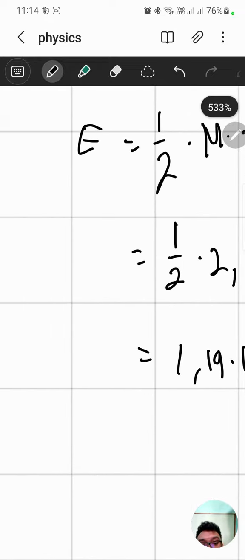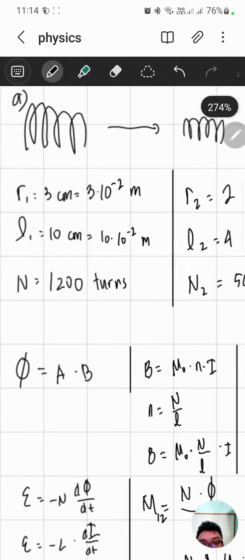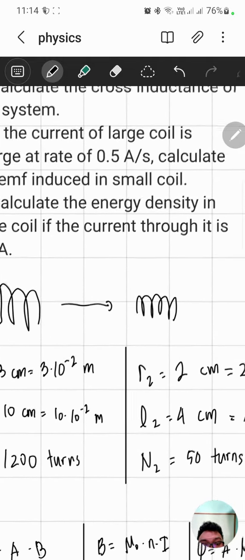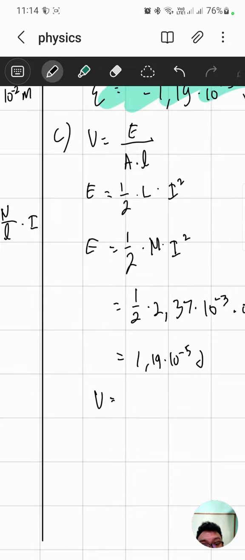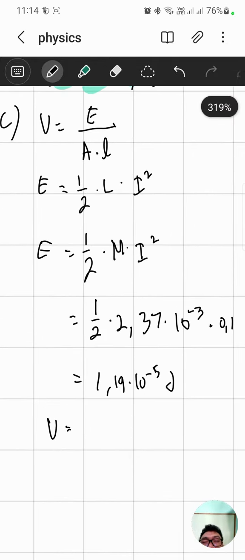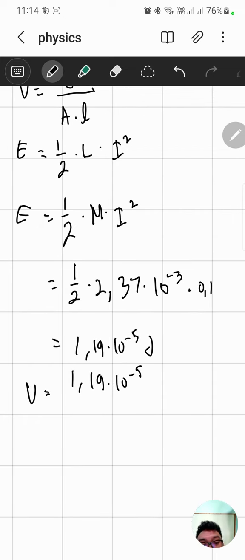So this energy can be put into the energy density equation. We input the energy 1.19 times 10 to the minus 5 over A times L. So we need to calculate this.